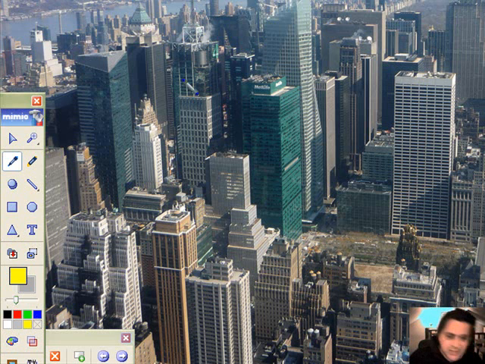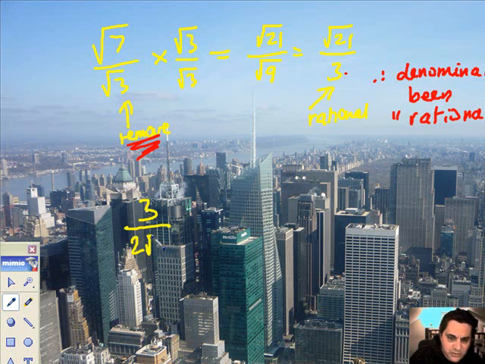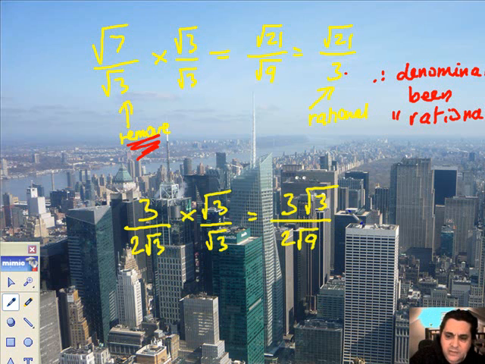Let's jump straight into B. I've got 3 all over 2 lots of root 3. Well, that's the question. I've got to shift the root 3 somehow. If I multiply by 1, in other words, root 3 over root 3, upstairs I've got 3 root 3's, and underneath I've got 2 lots of root 9.